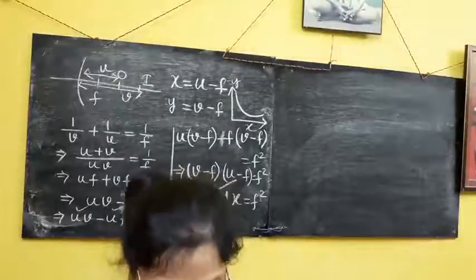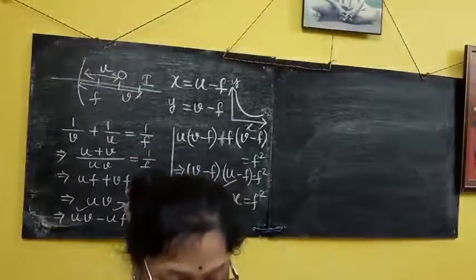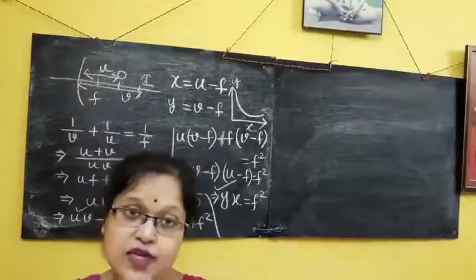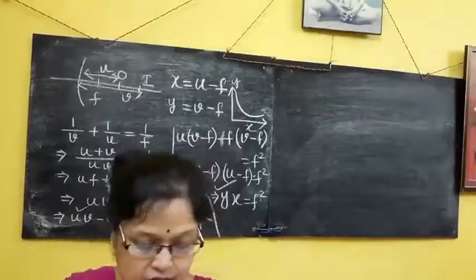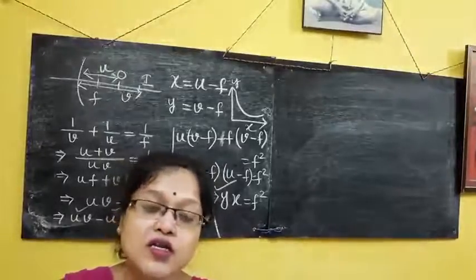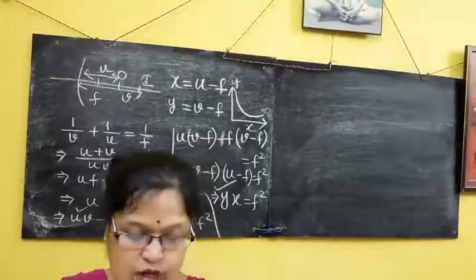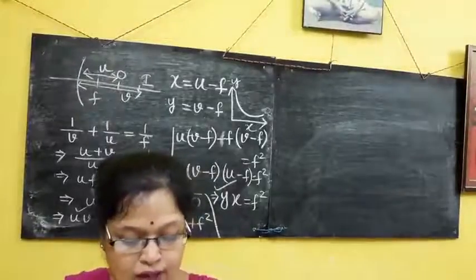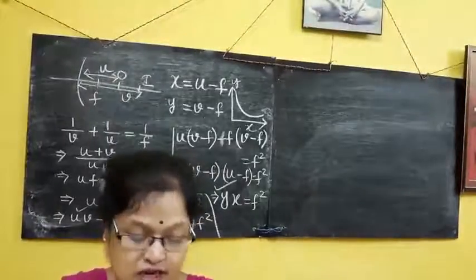Clear? So what is given? First of all, the candle is 2.5 centimeter, the length of the candle given. Placed 27 centimeter means the object distance is 27 centimeter. Object distance given, object length given.